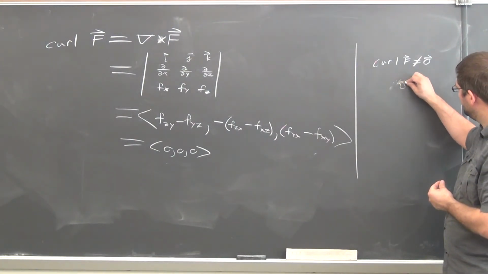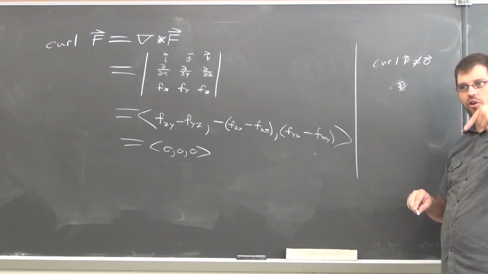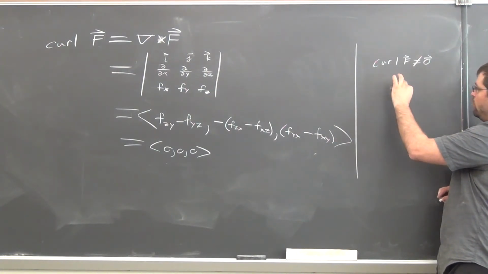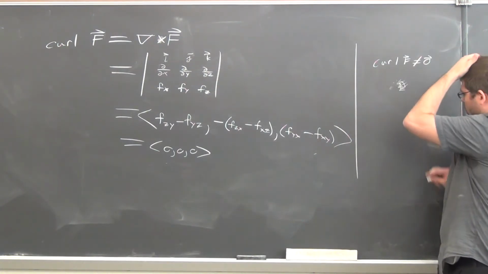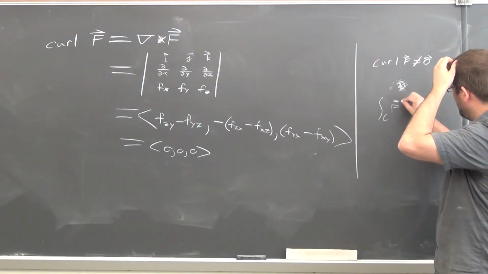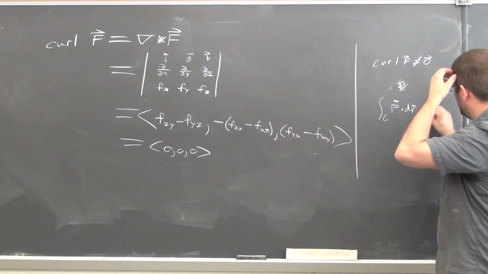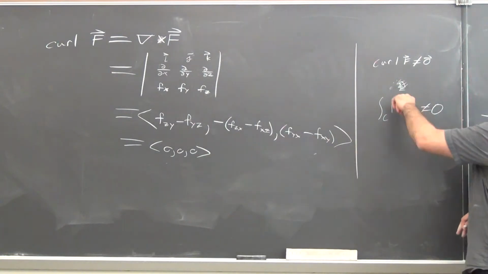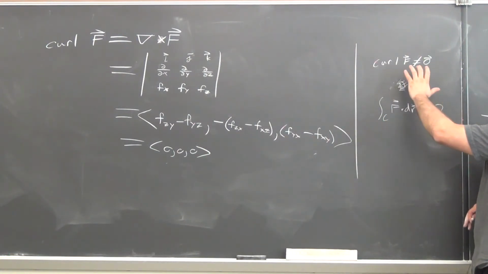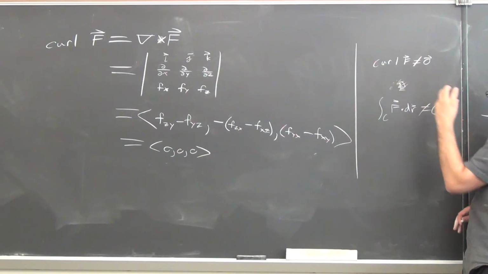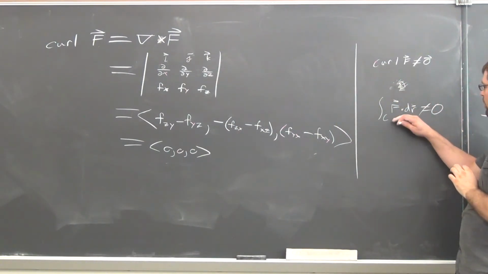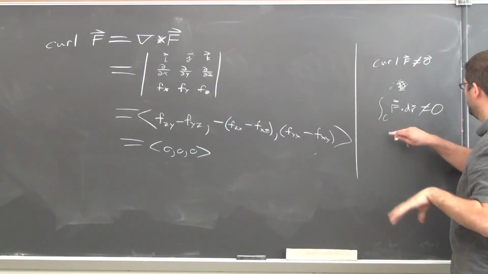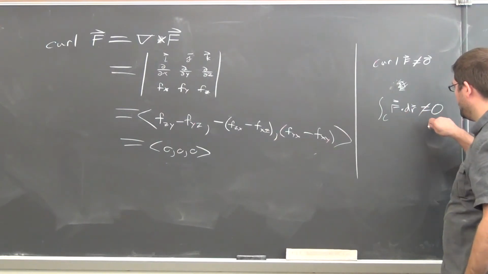And so essentially, if you're not curling around, you zoom way in, it should behave like this, right? And so hopefully you can guess that on this kind of interval, this won't be 0, because your vector field is pushing in one direction through there, and so as you wrap around, you can do this. So if your curl's non-zero, you should be able to find a little tiny closed path where your line integral isn't zero.